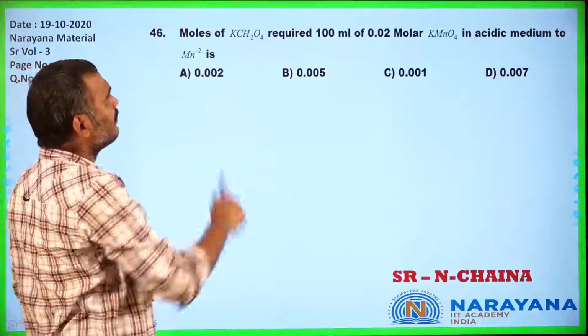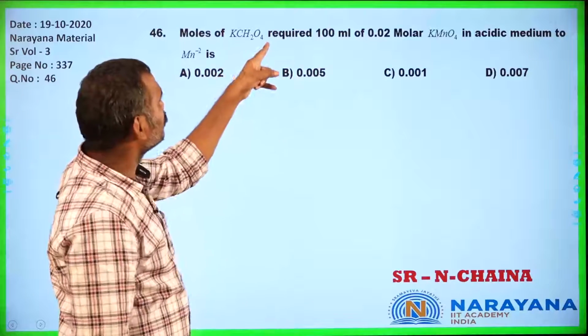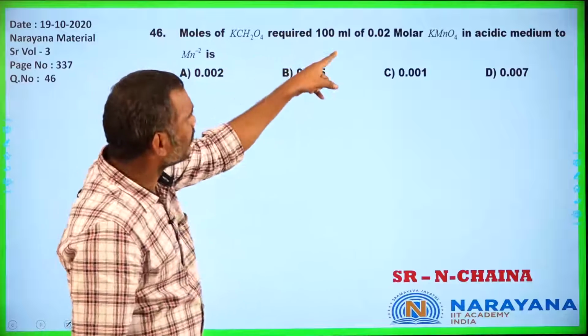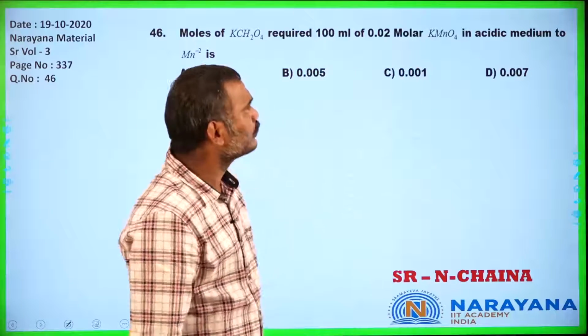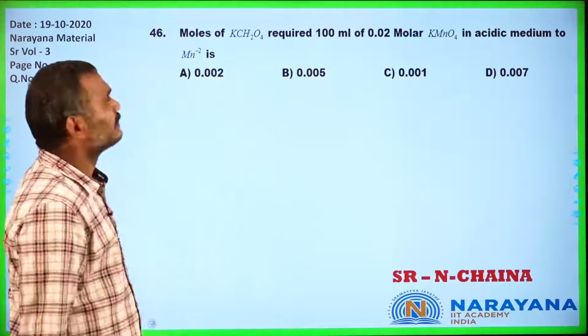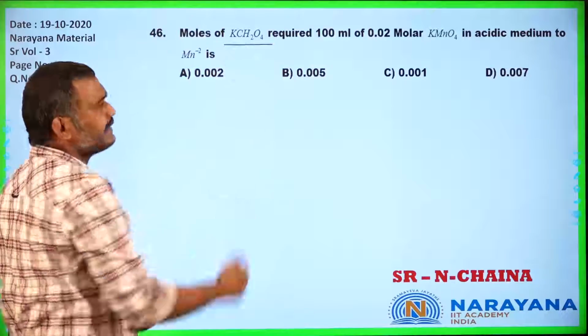Moles of KHC2O4 required for 100 ml of 0.02 M KMnO4 in acidic medium is this one.